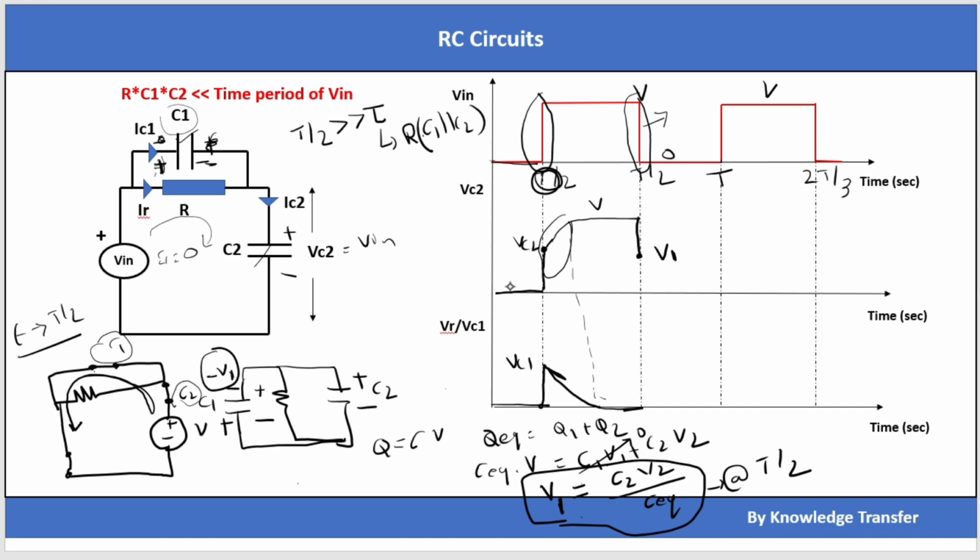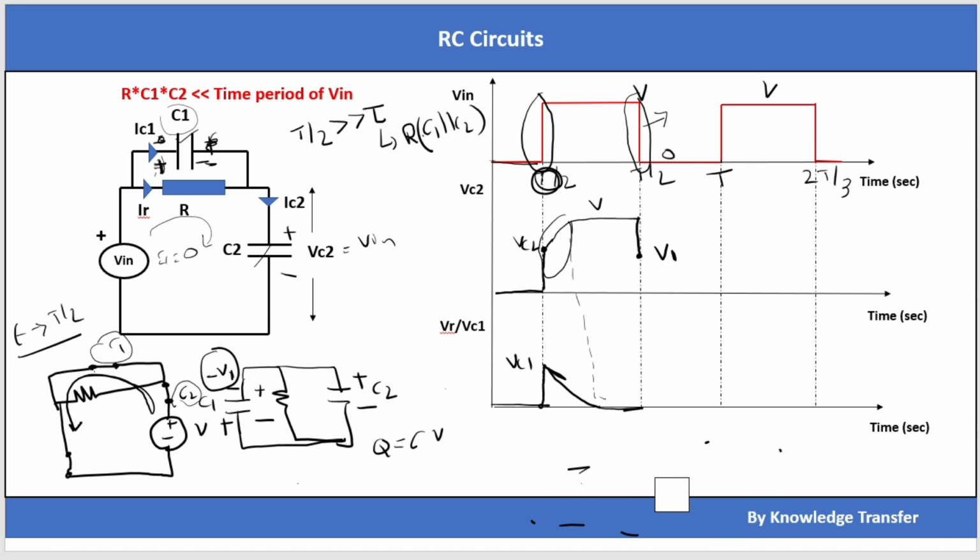So this capacitor C1 went to negative, which is minus V1.